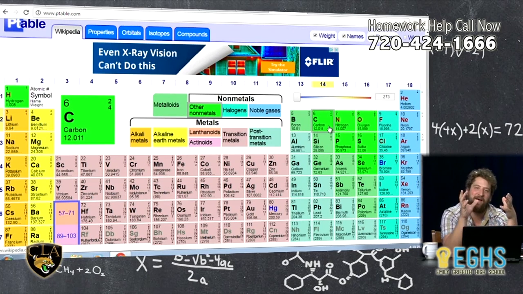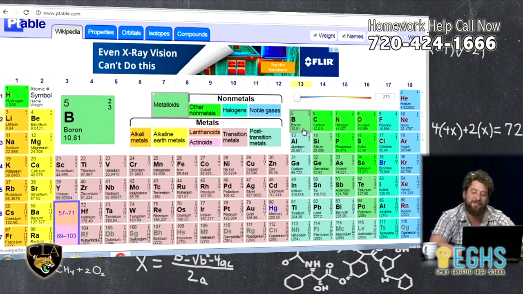Protons, being positive, attract electrons in the outer electron cloud. Because carbon has an additional proton, it's going to hold its electrons a little bit closer in a tighter configuration. So the distance from the center of carbon's nucleus to the outermost part of its electron cloud is going to be slightly smaller than boron's, which has a slightly weaker pull on its electrons. So boron would have a larger atomic radius.